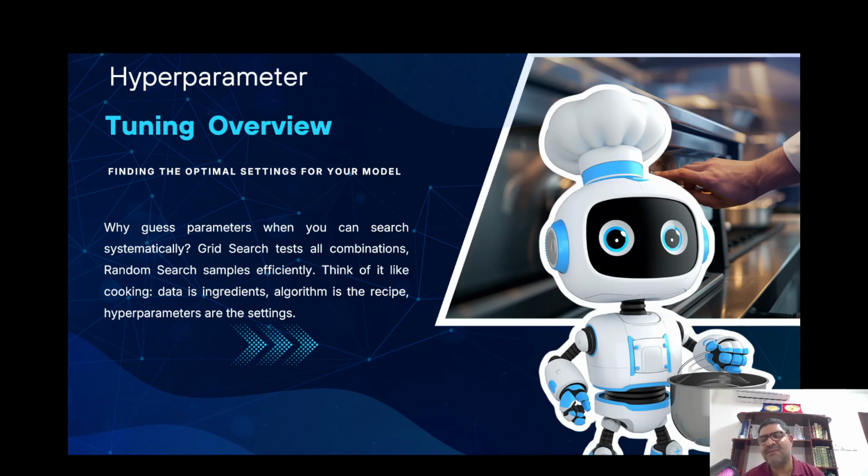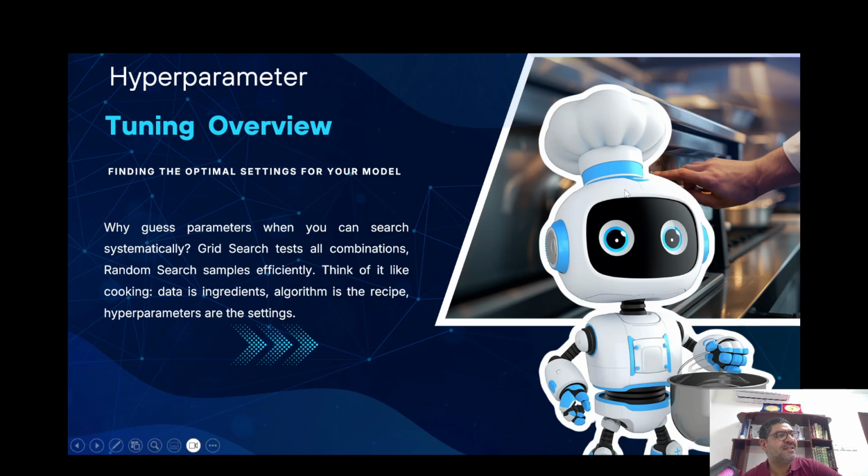So when we talk about hyperparameters, these are the settings: in which way you put in the ingredients, for how much time you cook, and the way you cook a particular dish. That is going to make a difference. That is exactly what hyperparameters do in a model.